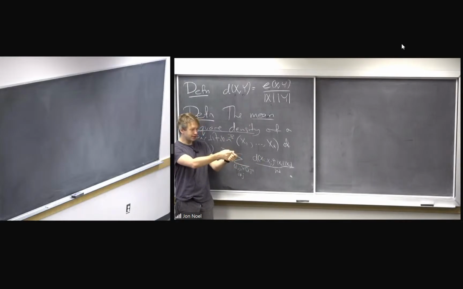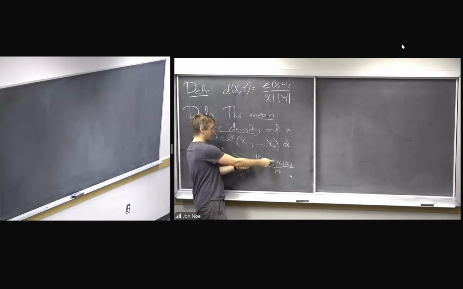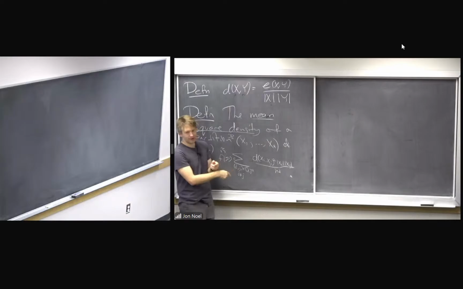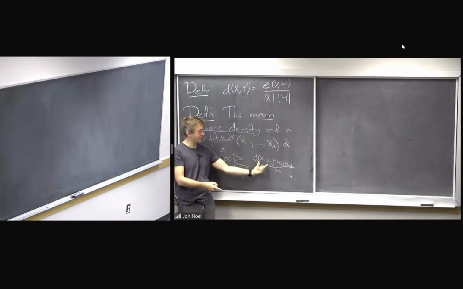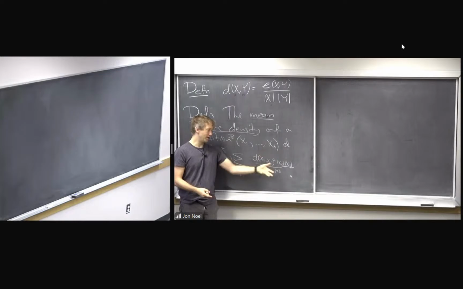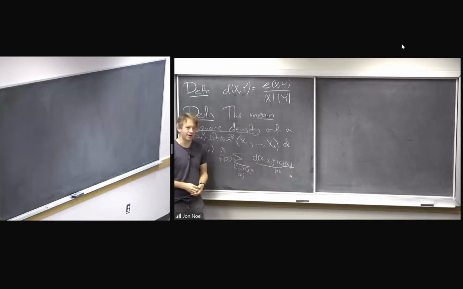If they're in the same part, that random variable just gives output 0. If they're in different parts, I output the square of the density between those two parts. This would be the mean of that random variable. So that's why it's called mean square density. But anyway, it doesn't really matter. That's just where this word comes from.